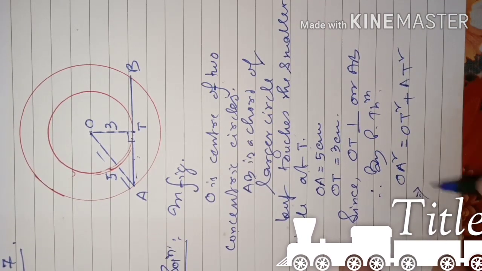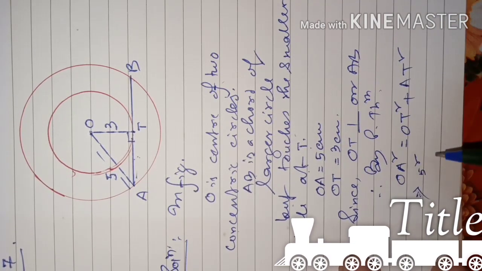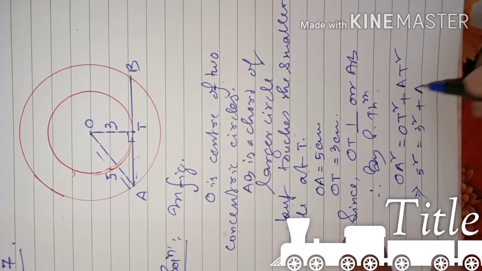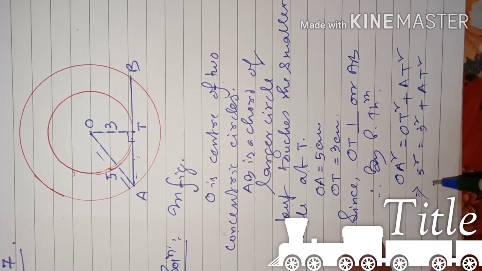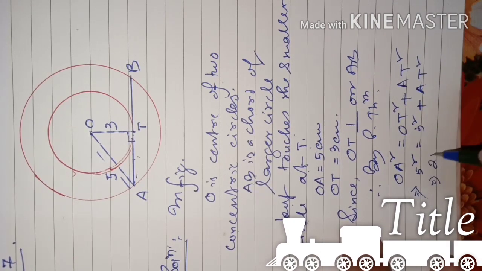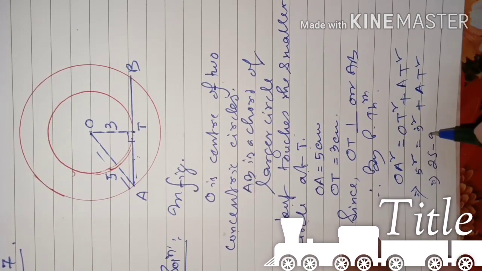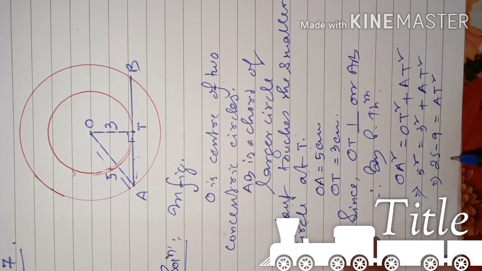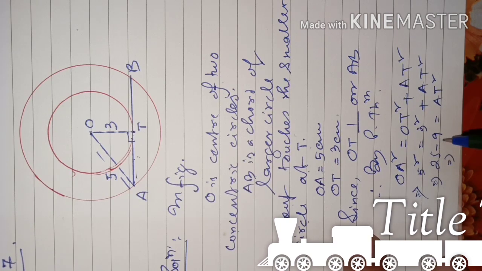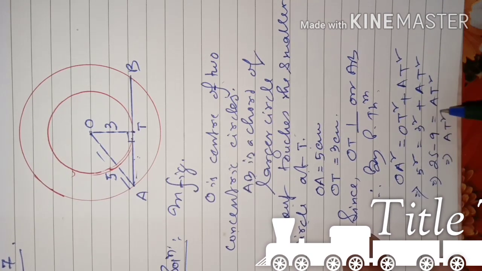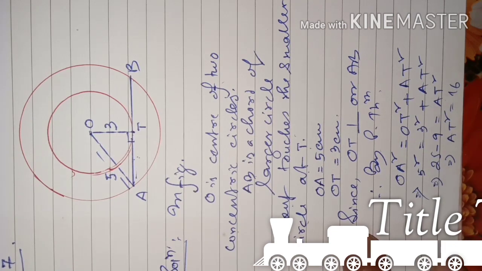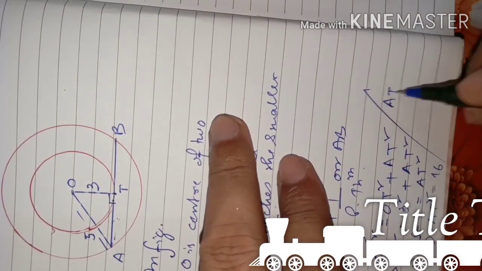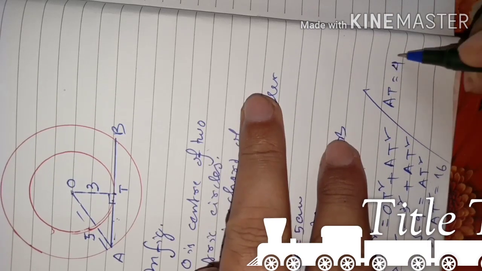So 5 square equals 3 square plus AT square. From here, 25 minus 9 equals AT square. That means AT square equals 16. Then taking the square root of both sides, AT equals 4 cm.